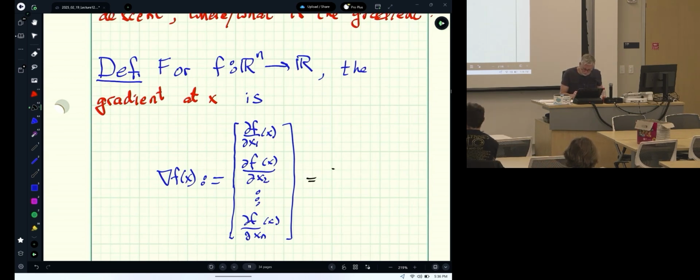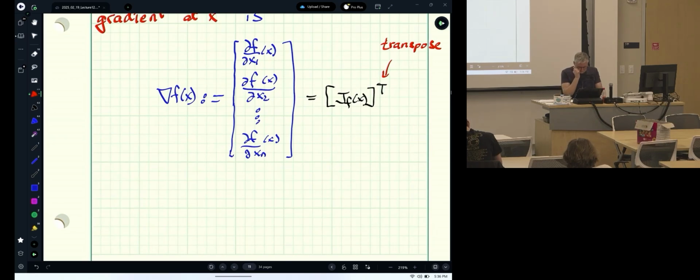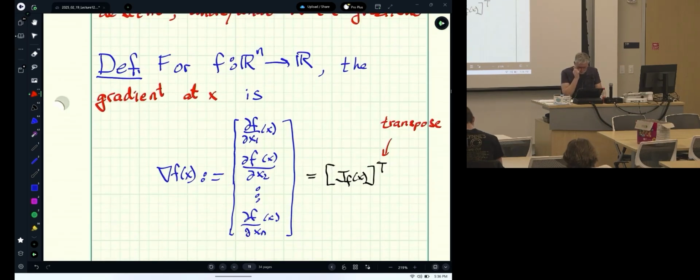All it is, is the Jacobian transposed. Okay? Remember the transpose? It takes rows and makes them into columns, or it takes columns and makes them into rows. That's the transpose. Wow. All it is, is just a relabeled Jacobian, so how could that be important, okay?